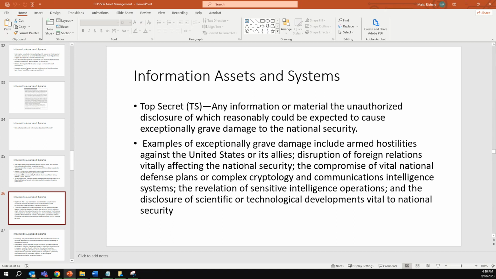Top secret is any information or material that, if disclosed without authorization, could reasonably be expected to cause exceptionally grave damage to the national security. We've seen some examples in the news within the past year or so, and this includes armed hostilities against the United States, foreign relations documents, and so forth.